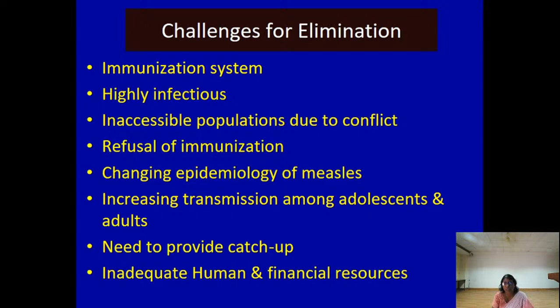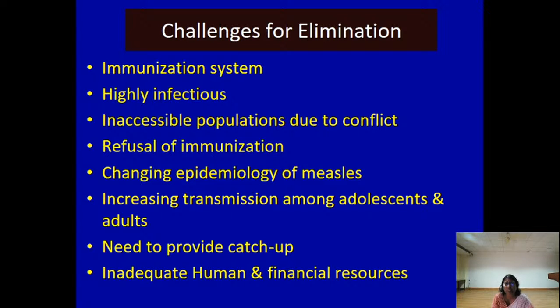It's very important because it is highly infectious, and all inaccessible populations, you have to reach them. And if there is any refusal to take the vaccine, you have to educate them. And then you also have to follow the epidemiology, changes in age shift or whatever it is.